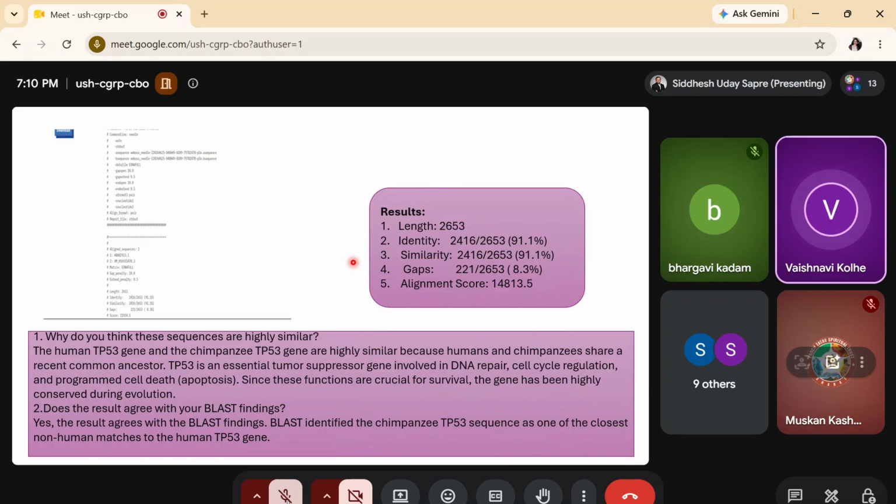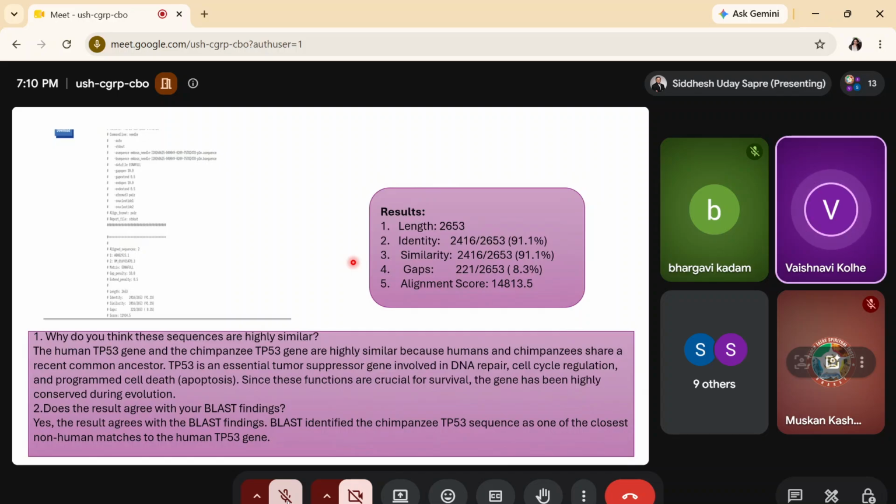So as we have seen, the length and the identity similarities show a 91.1% match, and the gaps show the insertions and the alignment score, which is 14813.5.